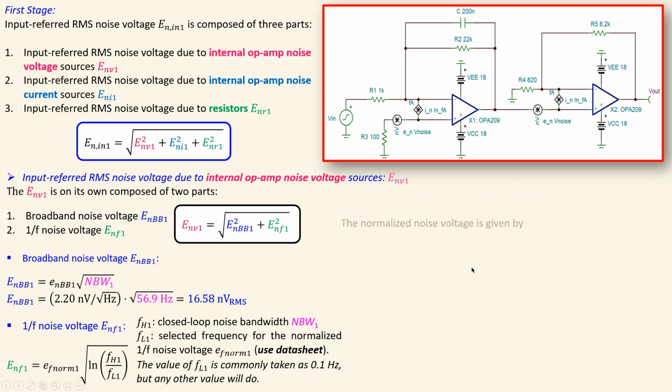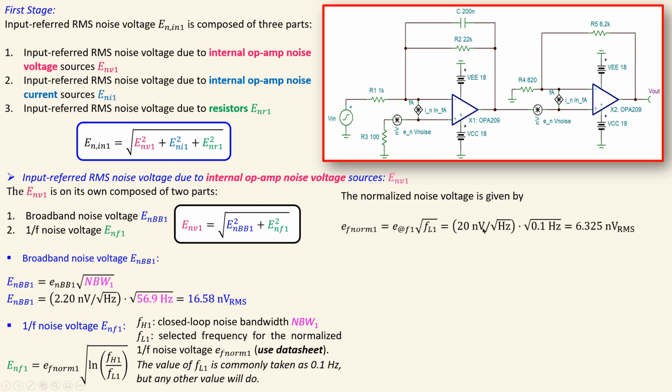Then I calculate the normalized noise voltage using this formula, and if I do the math I get 6.325 nanovolts RMS. Then I substitute this here, also the noise bandwidth due to the RC low pass filter and the feedback, and the selected frequency, and I get 15.93 nanovolts RMS.